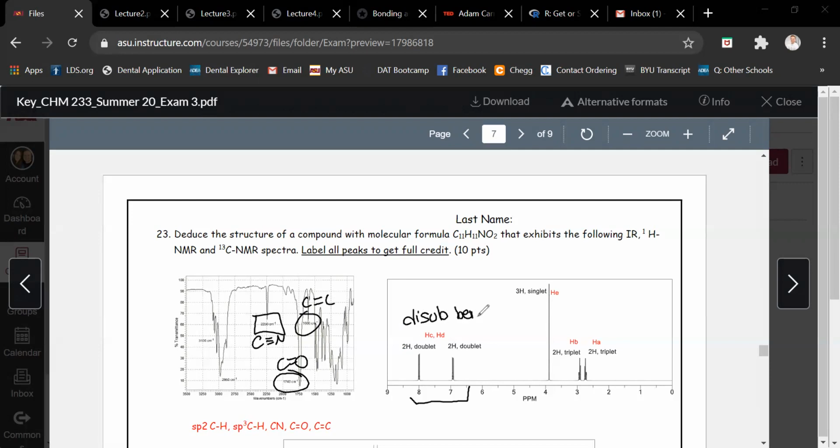We have a 3H singlet, 2H triplet, 2H triplet. Okay. There's nothing crazy going on there as far as what we're going to see. So let's scroll down here a little bit.